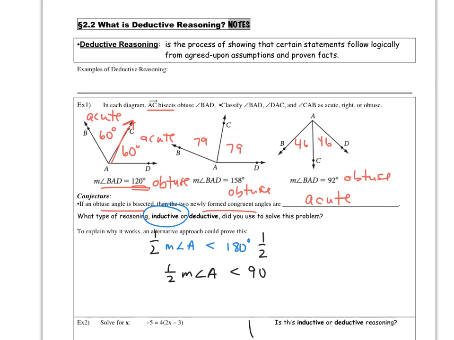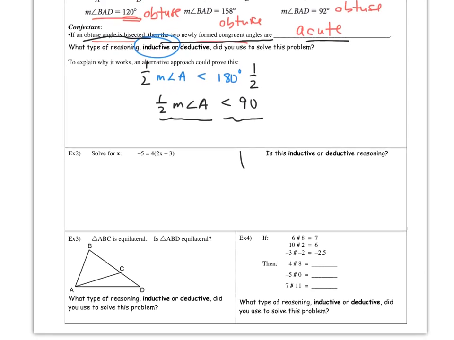So if an obtuse angle is bisected, cut in half, then you will always form 2 congruent angles that are acute. Is less than 90 acute? Yeah, so we just showed mathematically that it would work. Using a mathematical equation, if you take half of both sides, it'll always end up working.